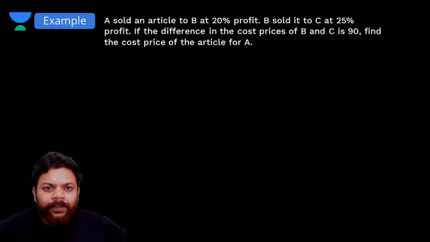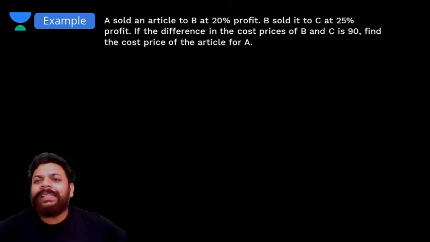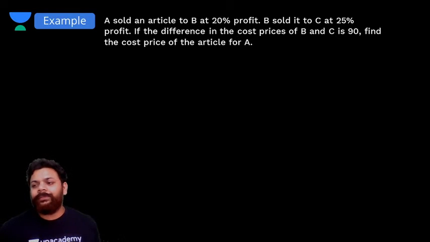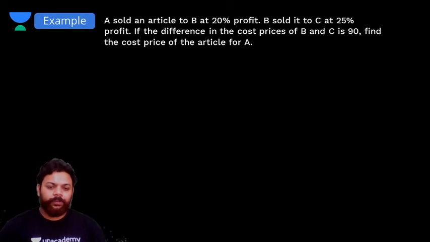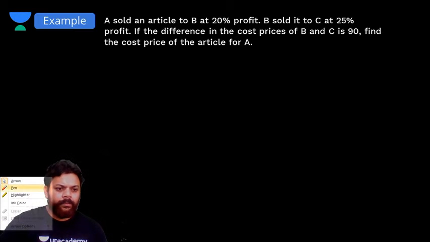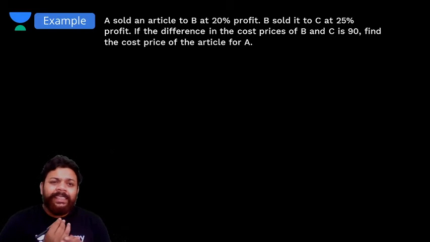If the difference in the cost price of B and C is 90, find the cost price of the article for A. So let's see.